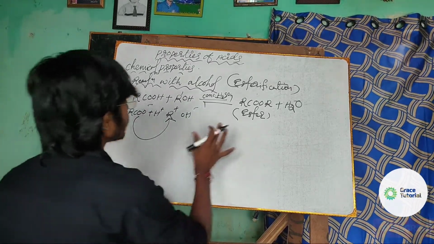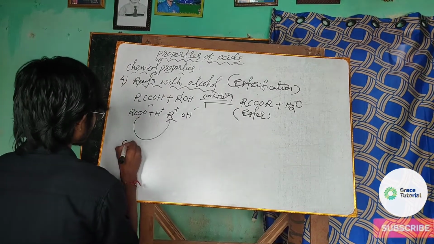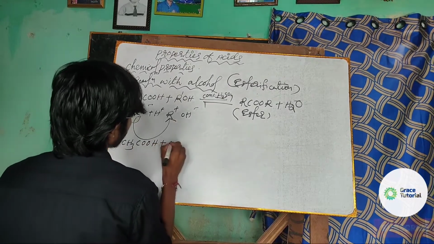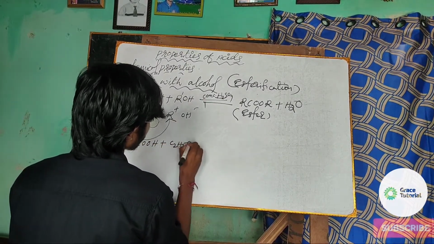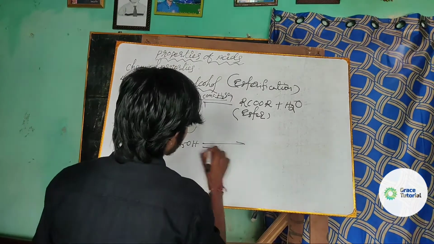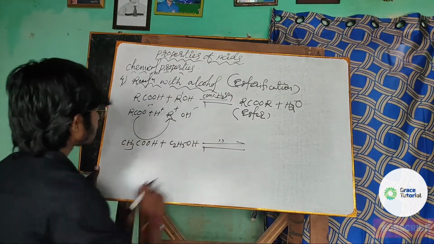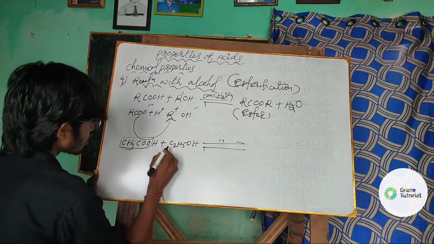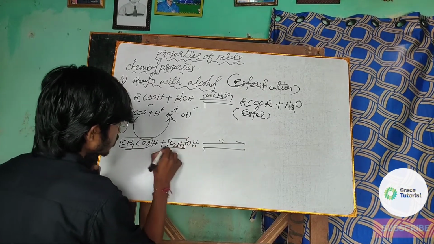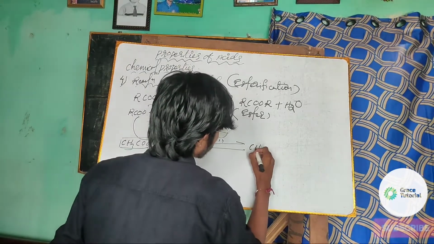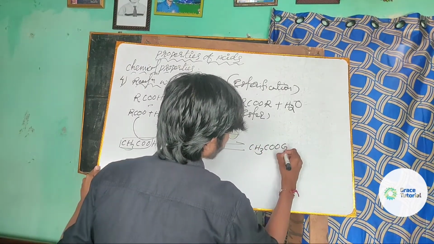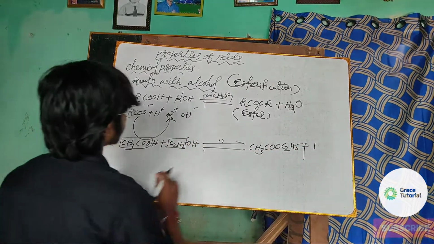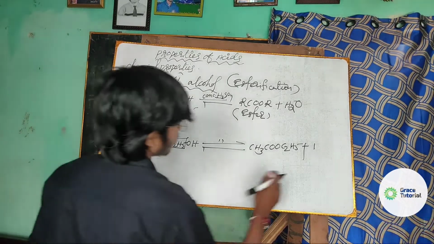If we take the specific example, CH3COOH, when it reacts with C2H5OH, in the presence of concentrated sulfuric acid, then the CH3COO reacts with C2H5 and it gives CH3COOC2H5 plus water.